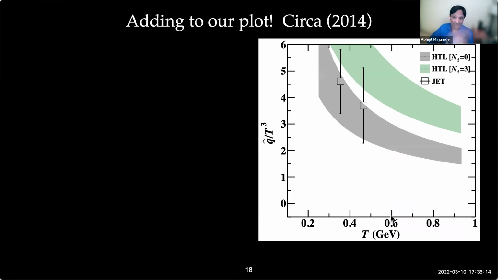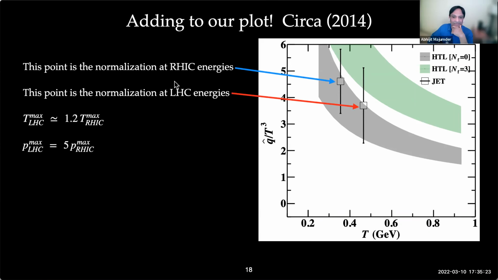So let me take those points and put them on our plot. Okay, so there they are, one for RHIC 158C. To be clear, the maximum temperature at the LHC, based on that hydro simulation on which people fitted, was only 20% higher than the maximum temperature at RHIC.